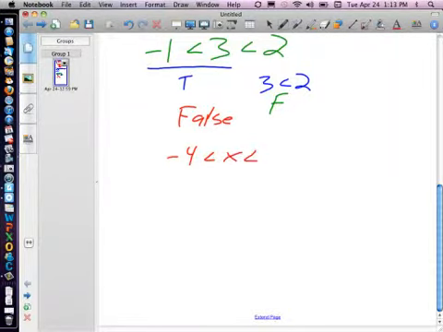So if you need x to be in between -4 and 2, we can write it as this compound inequality. So this shows that x has to be greater than -4, but it also, at the same time, has to be less than 2. So you can think of all the numbers that would work here, such as -3, -2, 1/2, 1.5. All these numbers work for x because they fit in between those numbers.